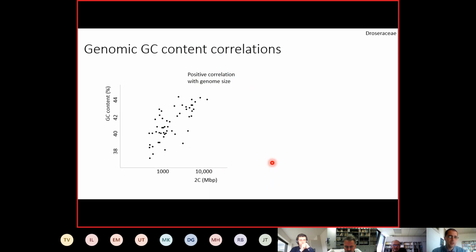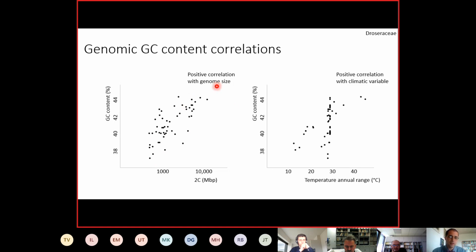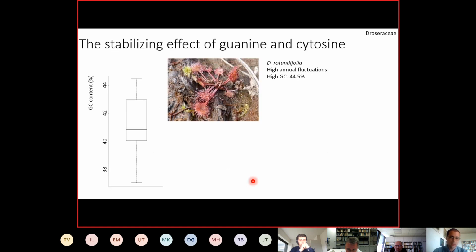When we compare the GC content with genome size, these parameters are obviously positively correlated. But again, the interesting thing is the GC content compared to the already mentioned climatic variables. In this case, the strongest correlation was with the temperature annual range, which is a difference between the highest and the lowest temperature in the distribution area of the given species. What does it mean?